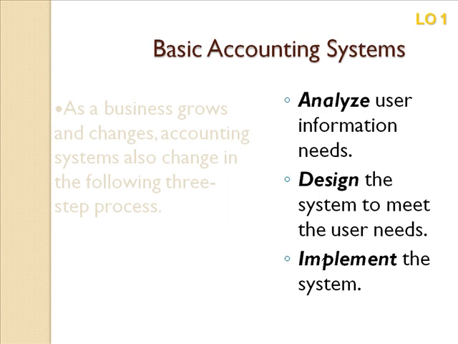I've used QuickBooks and set up the system to be designed around their specific needs, and then we would implement the system. We would then monitor the system, and if things needed to be changed, we would go back to the design and then implementation again.